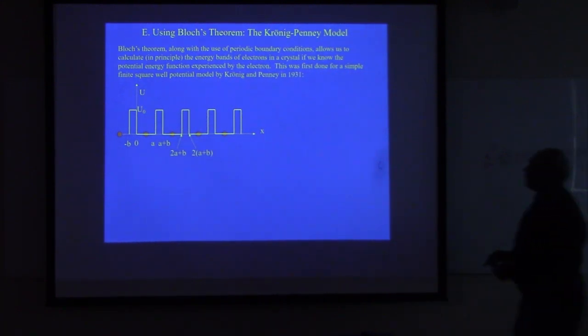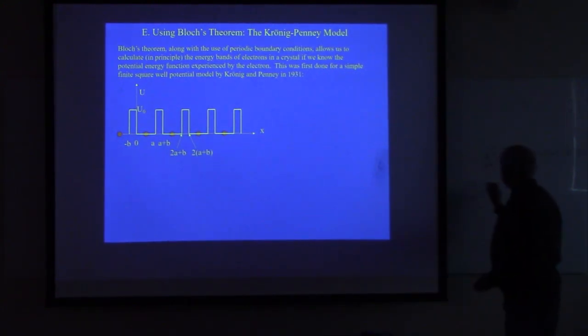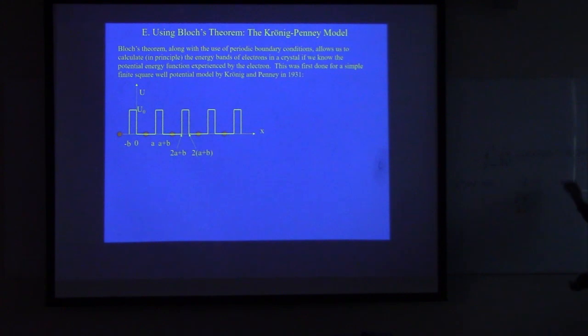If I take this range from 0 to a, x greater than 0 and less than a, in this range your U is 0, right? So that means you can neglect this term, then d squared psi over dx squared is basically minus 2mE over h bar squared psi, right?